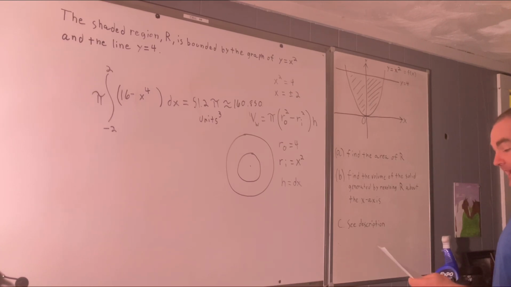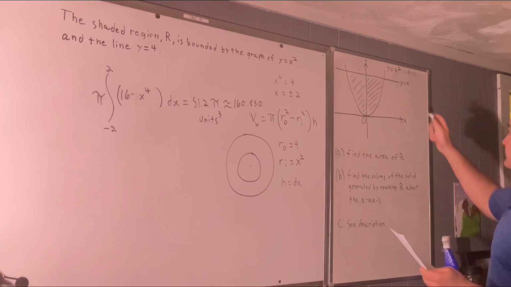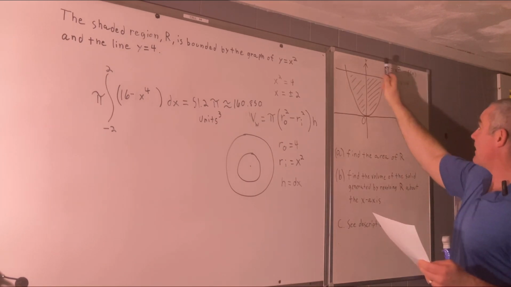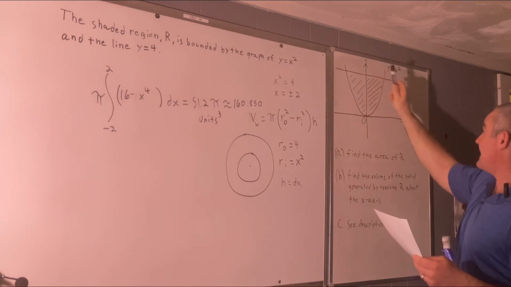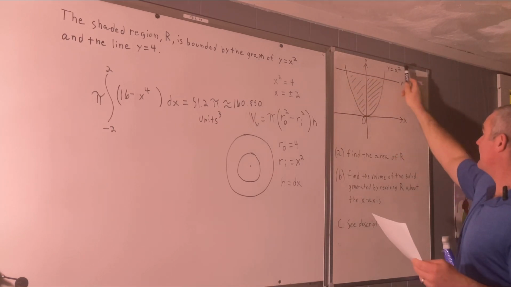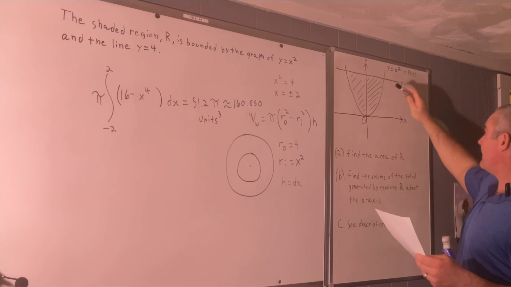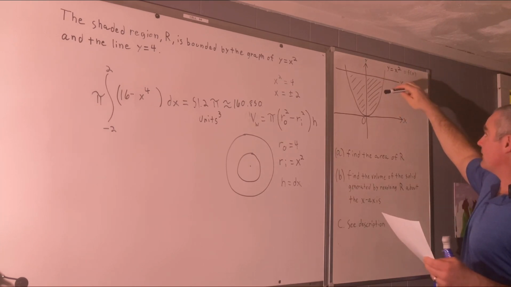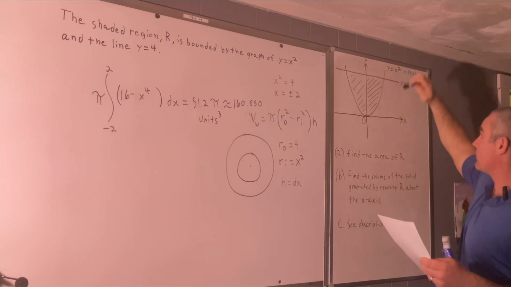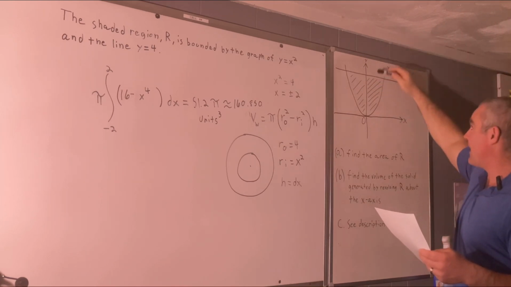There exists a number k greater than 4 such that when R is revolved about the line y is equal to k. So we're talking about some line that's up here. Y is equal to k greater than 4. So we have some line up here. And then we take the same region and we revolve it around that line.